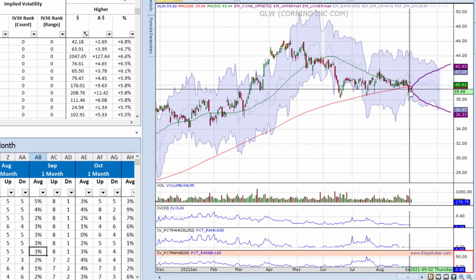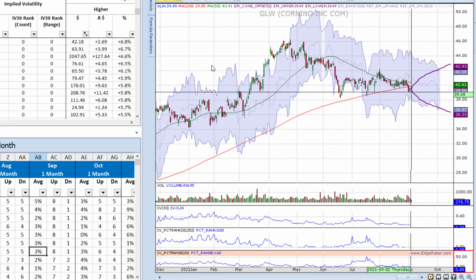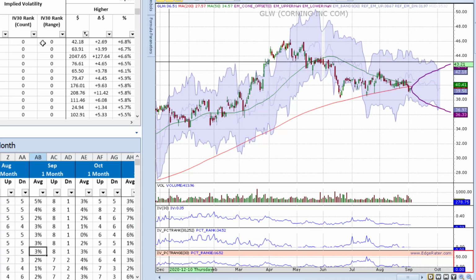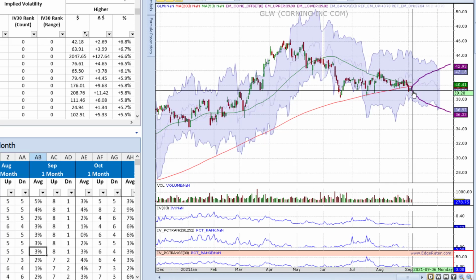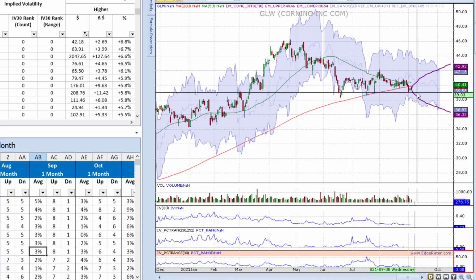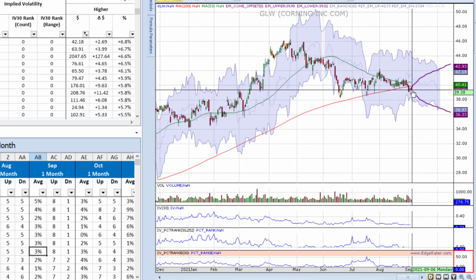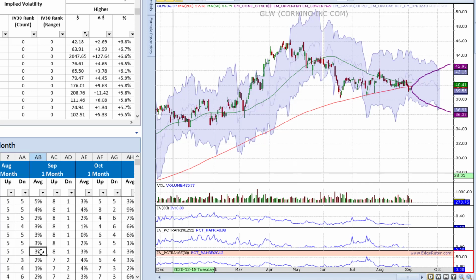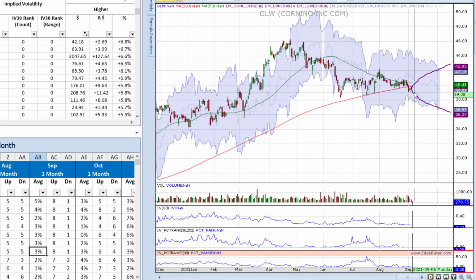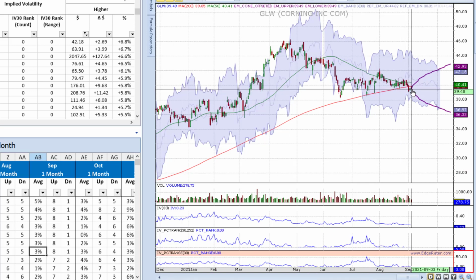It did break down below there. And here you have the IV rank is 0. So it's the lowest implied volatility that it has been over the last 1 year period. So if you're looking at buying calls here because of the seasonality, then they are relatively cheap.